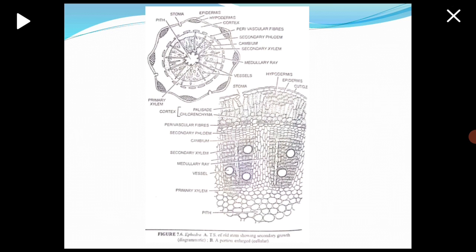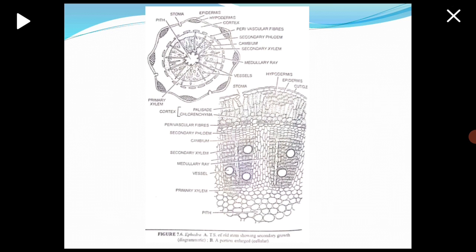This cambium ring cuts secondary xylem towards the inner side and secondary phloem towards the outer side. It also produces secondary medullary rays. In the young stem, the medullary rays are uniseriate, but later on they become multiseriate.